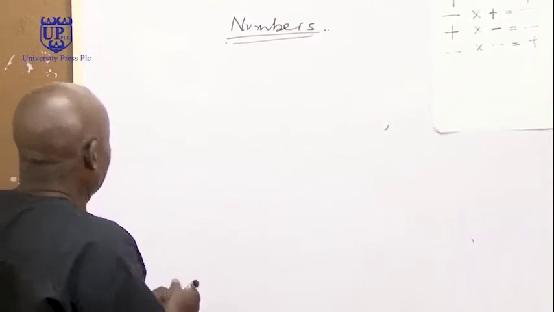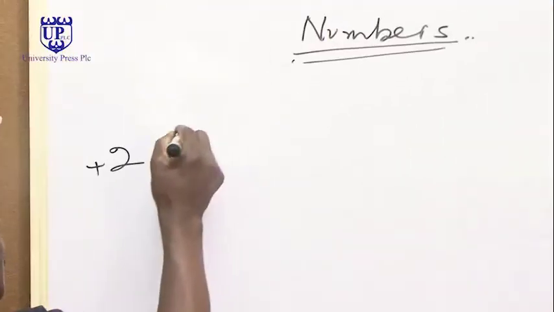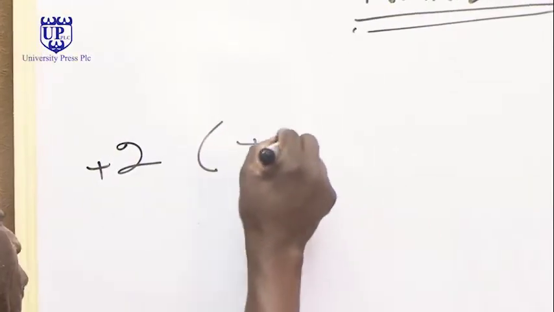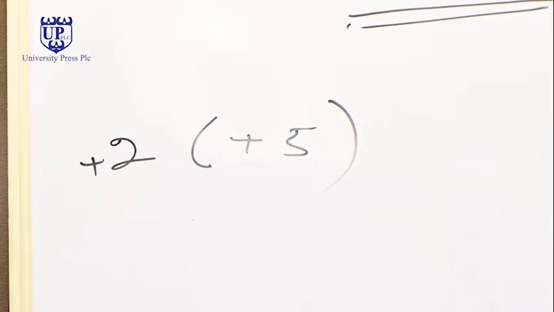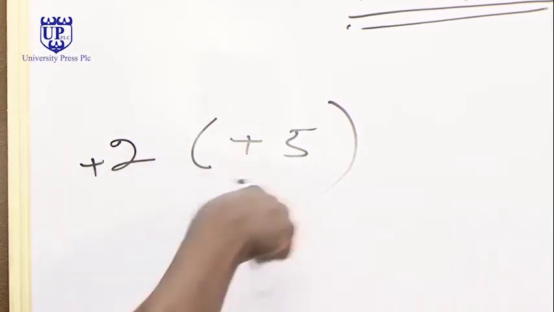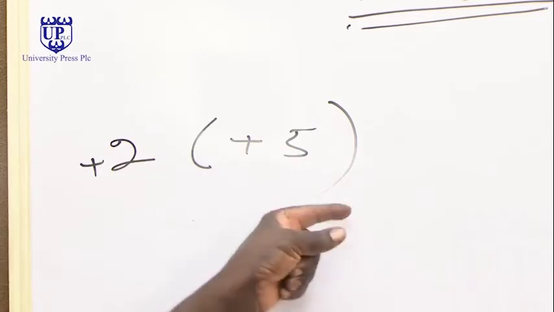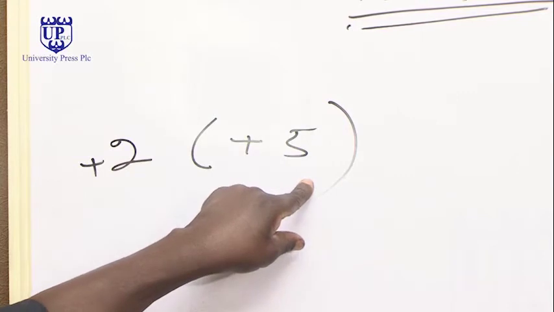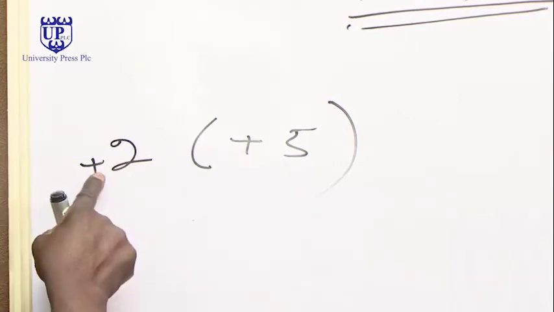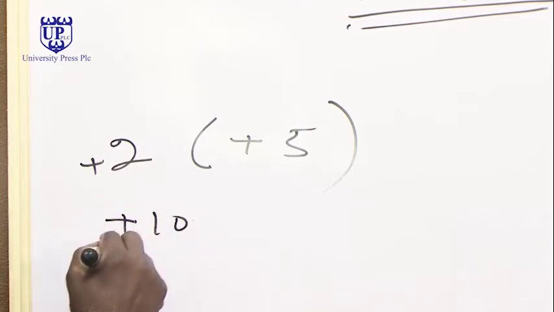Plus 2 times plus 5. This bracket means multiply, not that you open the bracket. This is 2 times whatever is in the bracket here. Plus times plus is plus 10.